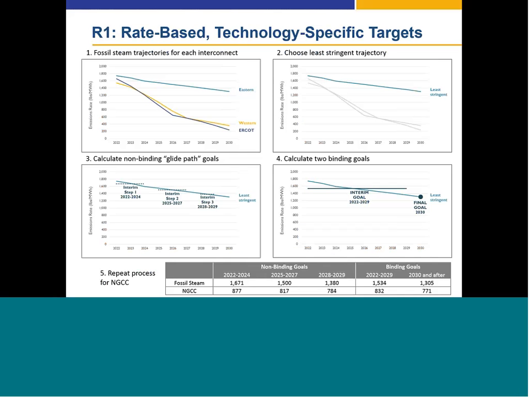So again, these charts are all about fossil steam. If you looked at the NGCC charts, they'd be a bit different. And in fact, in some years, the limiting interconnect, as EPA calls it, isn't Eastern at all. It's Texas or Western. So it's important to keep things in perspective and think about exactly what's lowering the trajectory, whether it is in fact renewables, whether it's the heat rate improvement, or whether it's the natural gas redispatch.